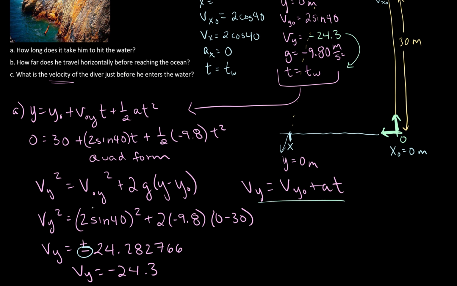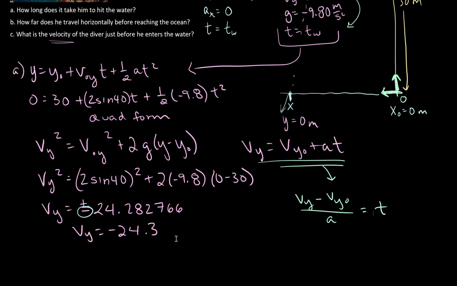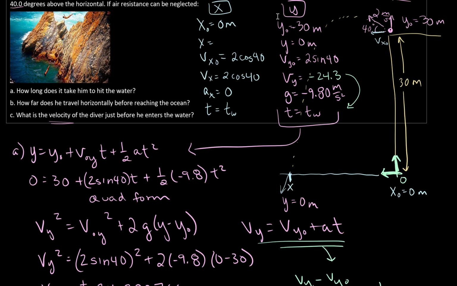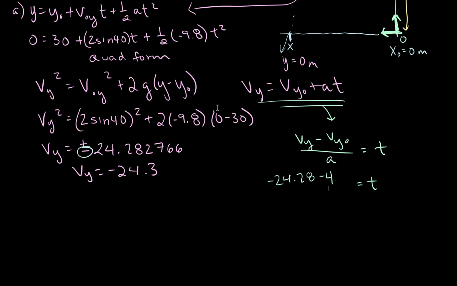So we have this equation here that we can use. If we rearrange, we get Vy minus Vy naught, divided by a, gives us t. If we plug in our values, t equals our negative 24.282766, and so on in your calculator, minus my v naught y, which was 2 sine 40.